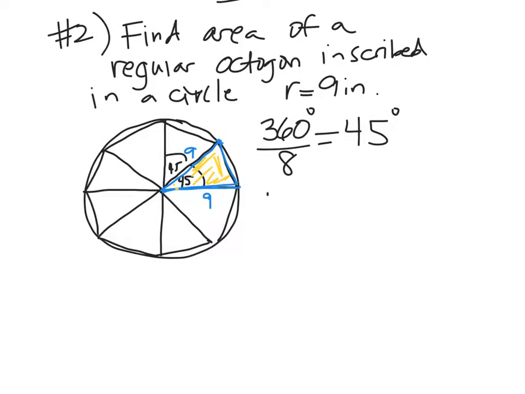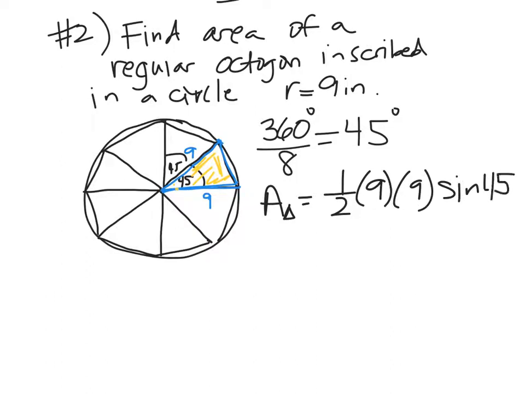We will use the area formula that we just learned, because we have side, angle, side. So 1/2 times 9 times 9 times the sine of 45. They don't want this as a rounded answer. We want exact values for this. So in other words, you can't just plug this into your calculator.